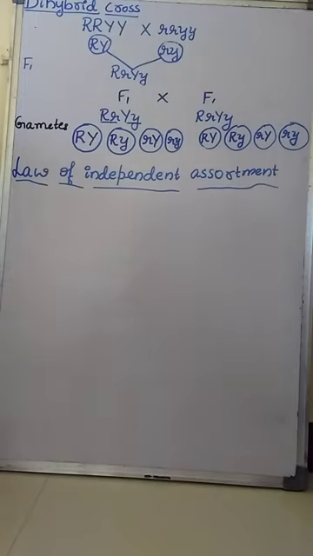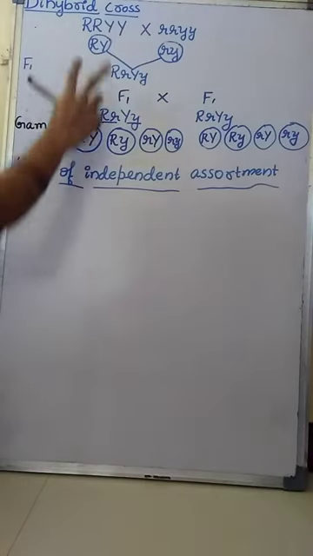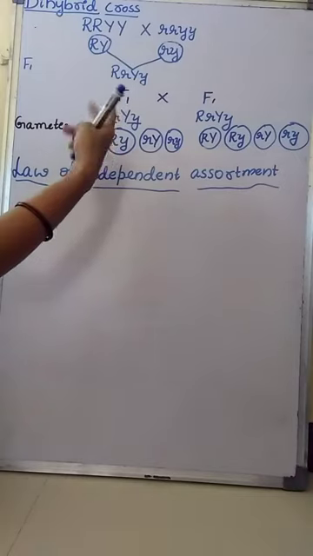Law of independent assortment means factors or alleles for two or more pairs of contrasting characters. Factors or alleles for two or more pairs of characters.